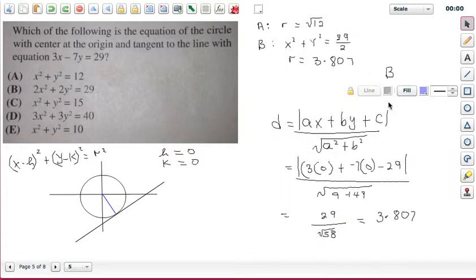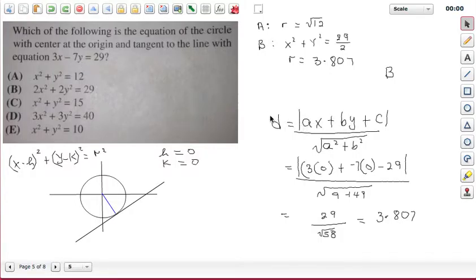So remember what the distance formula is. Distance formula says the absolute value of ax plus by plus c divided by the square root of a squared plus b squared. We learned the distance formula in another video. So the value of x is 0 and the value of y is 0.